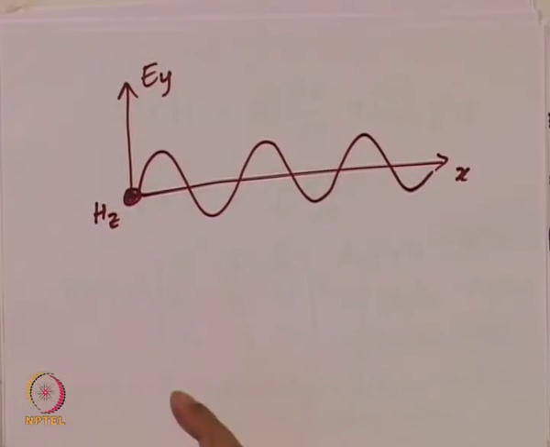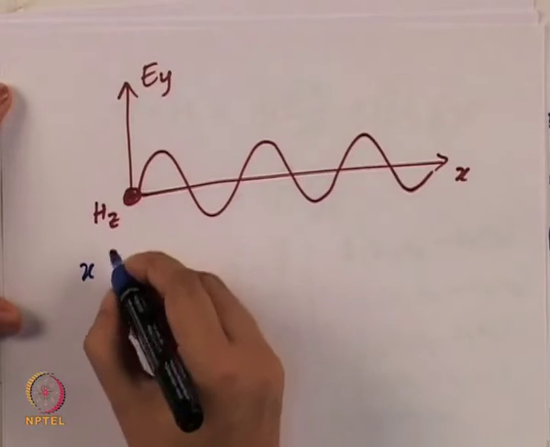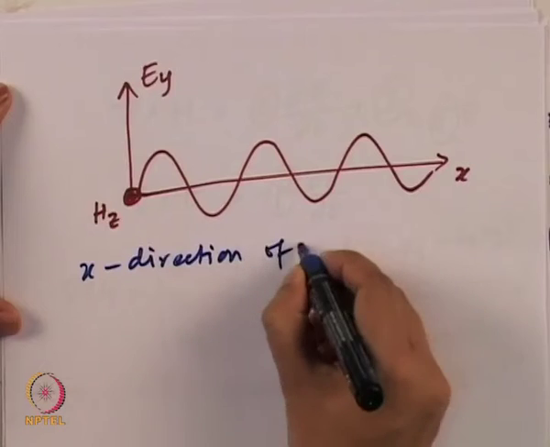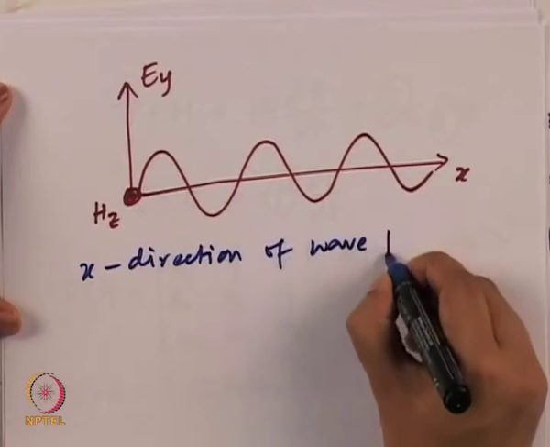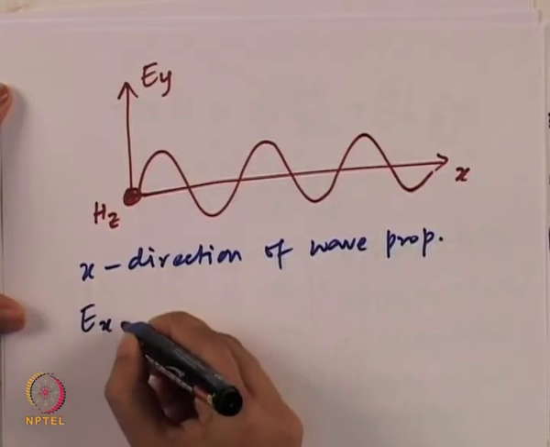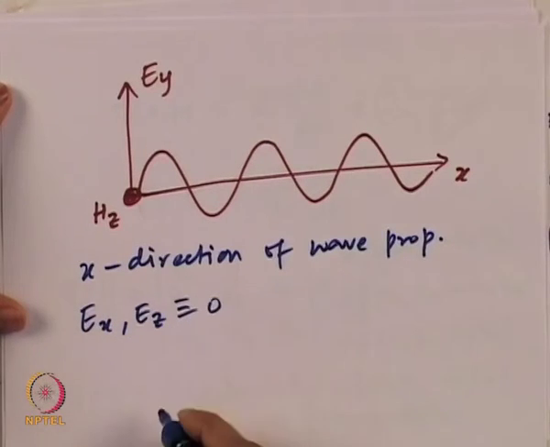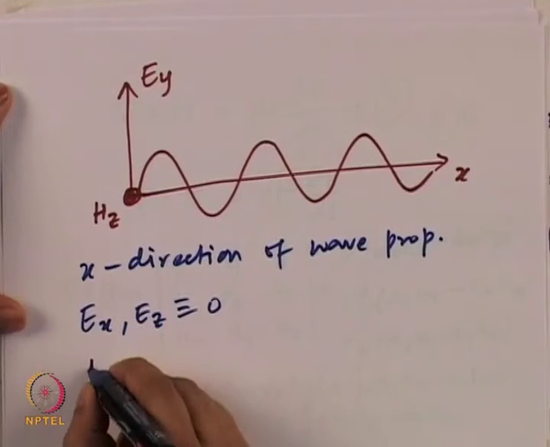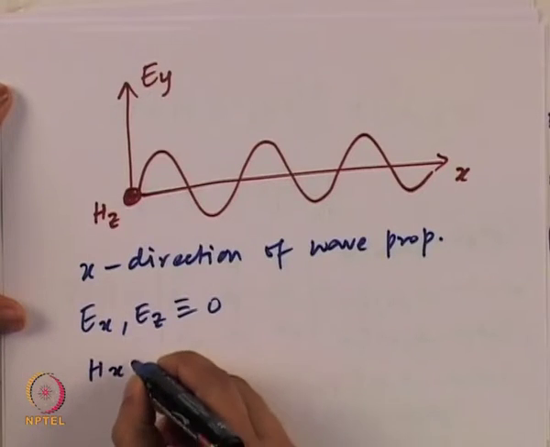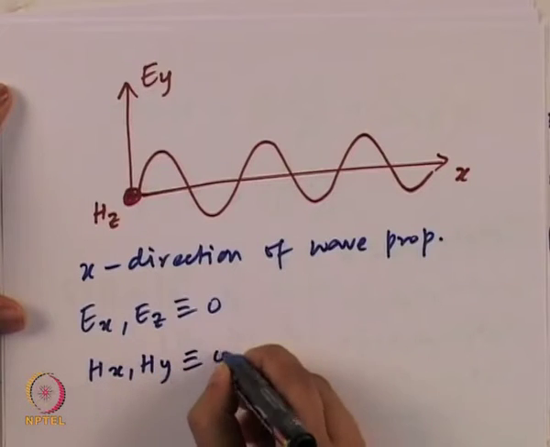So what we have is the x direction of wave propagation, and we assume that Ex and Ez are equal to 0, and Hx and Hy are equal to 0.